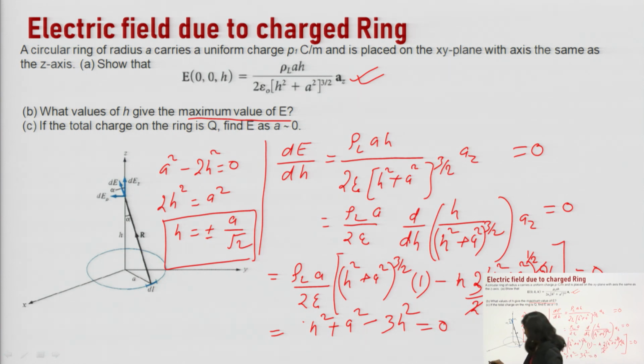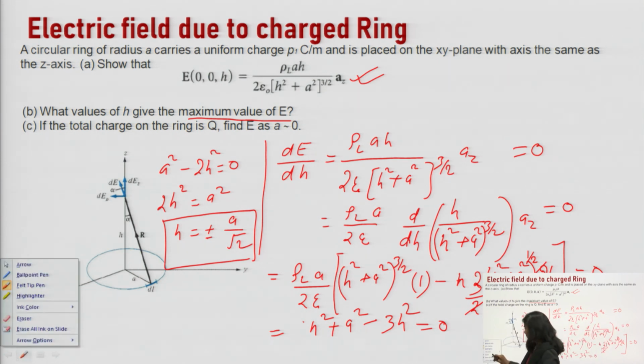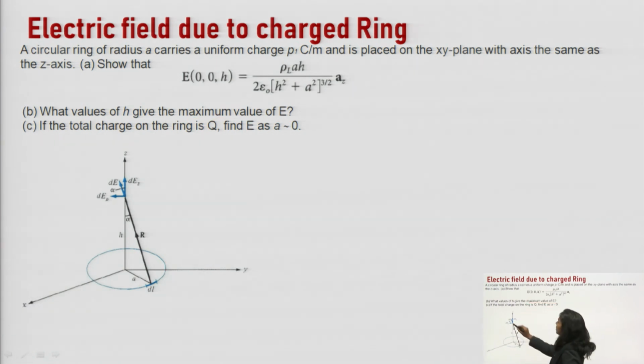Now, our third point is: if the total charge on the ring is Q, find E as A tends to 0.